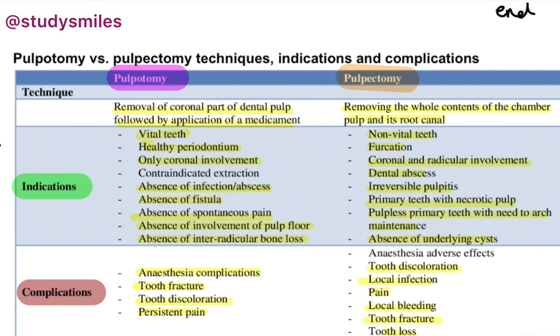Now, what are the complications with pulpotomy? We could have anesthesia complications, tooth fracture, tooth discoloration, and persistent pain. It's like cutting off a hand: imagine a human with a virus that is spreading from the hand to the body, and we want to stop the spread, so we cut the hand off.